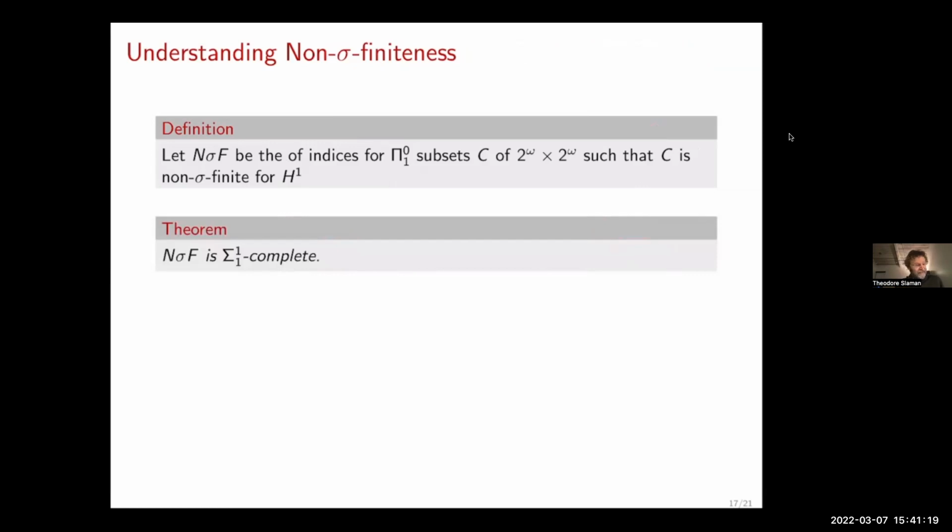So to me, there's two interesting facts here. In fact, to me, the more interesting fact is that it's Σ^1_1. To be non-sigma finite is to say that for every purported countable decomposition, either it's not a cover or one of the pieces does not have finite measure.